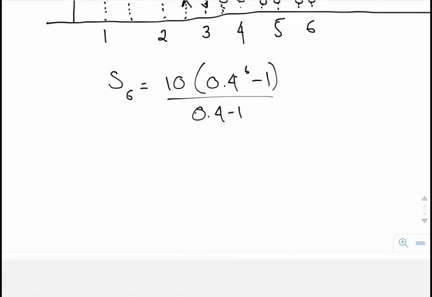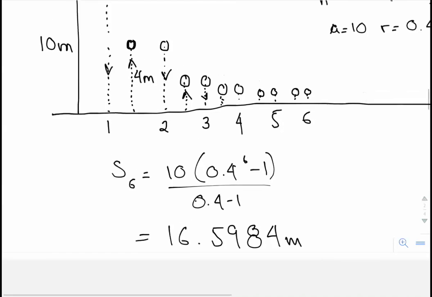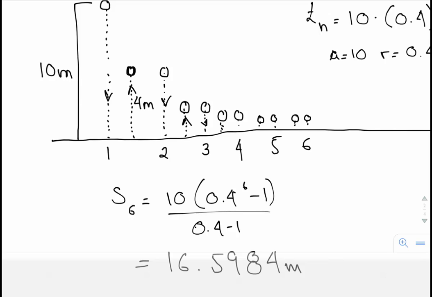And if I do the math here, this will be 16.5984 meters. Now, that just represents one height, either the height going down or up, but it just represents one. So for example, it would consist of adding this plus this plus this plus this plus this plus this.